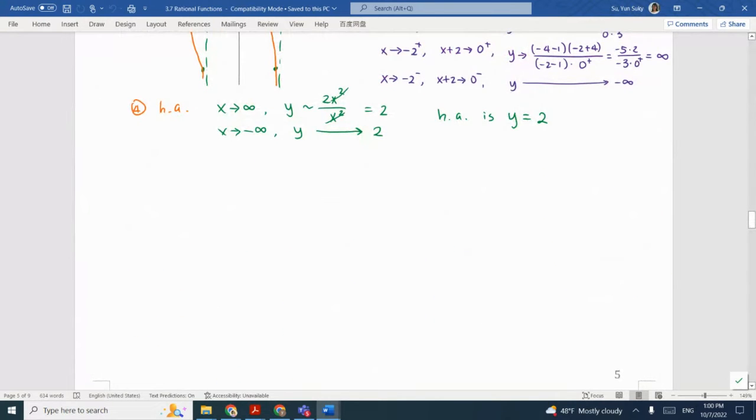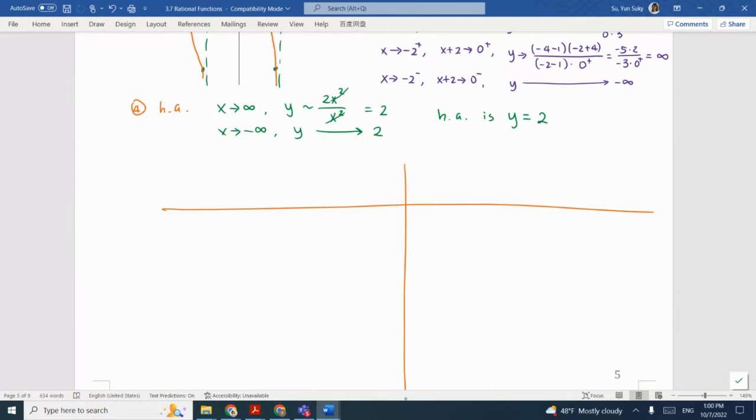All right. So now I want to make a comparison with you: vertical asymptotes and horizontal asymptotes. Let's make a comparison. So vertical asymptotes are vertical lines. Okay, vertical lines. So you will have x equals a number. Horizontal asymptotes are horizontal lines.